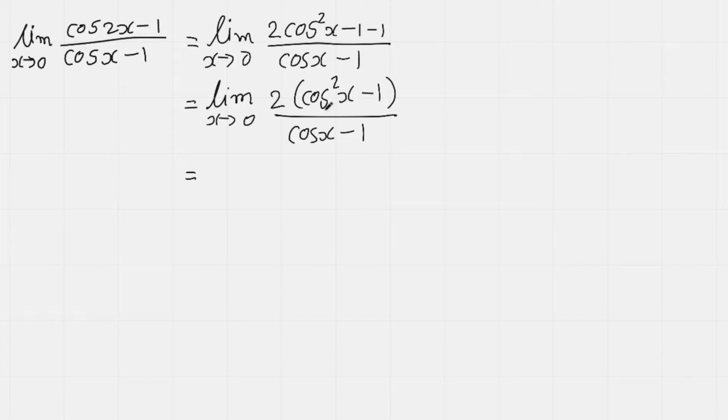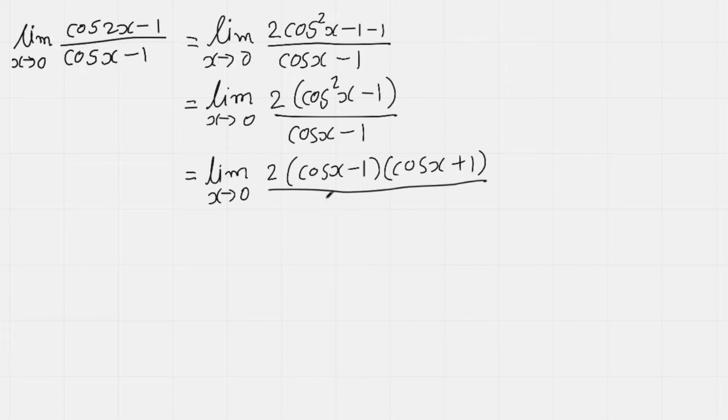Now cos square x minus 1, we can write 1 as 1 square. So this is of the form a square minus b square. And the factors of a square minus b square are a plus b into a minus b. So this will be equal to limit x approaches 0 of the factors of cos square x minus 1 square, which would be cos x minus 1 into cos x plus 1, whole divided by cos x minus 1.